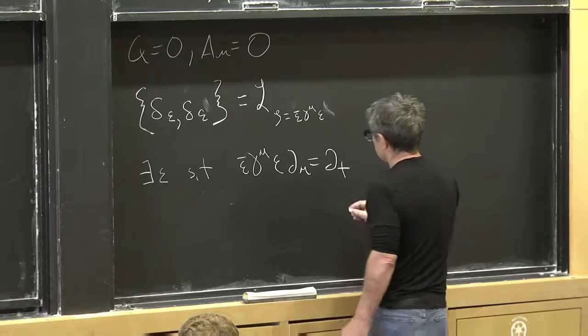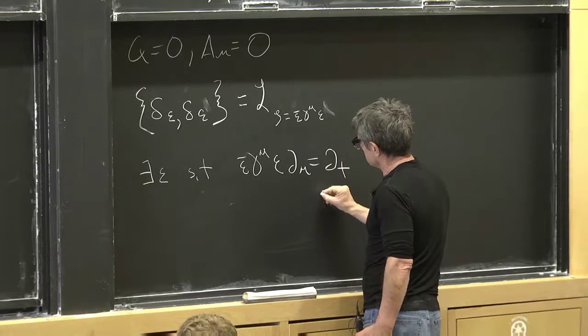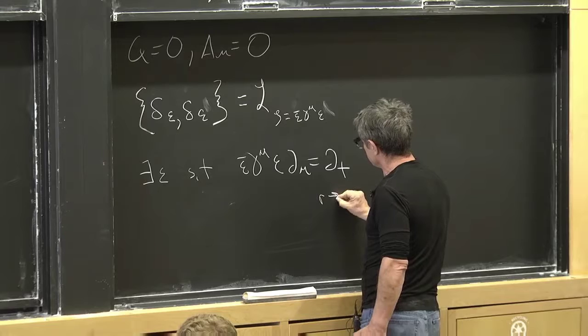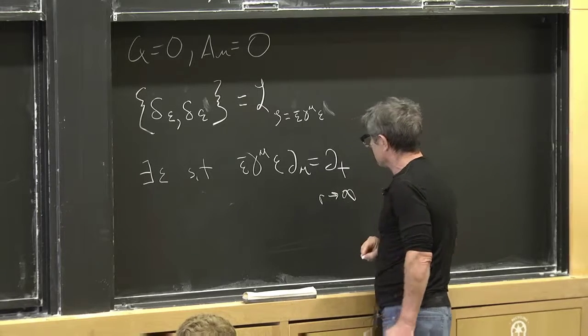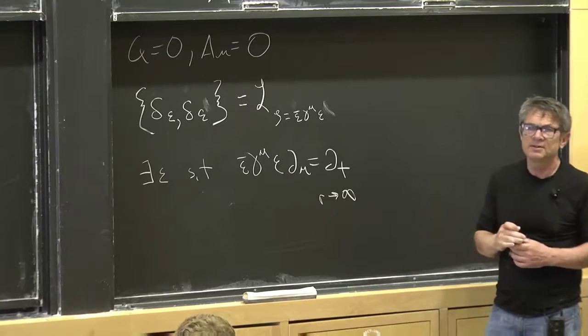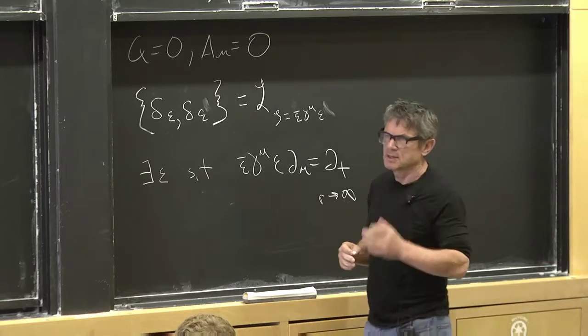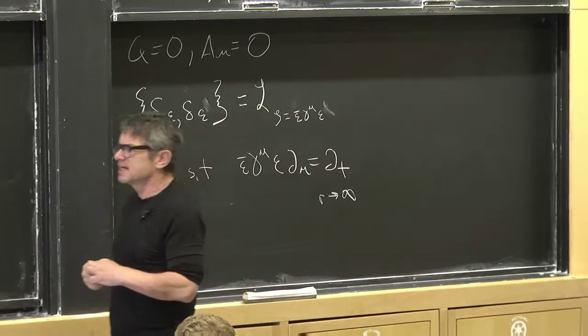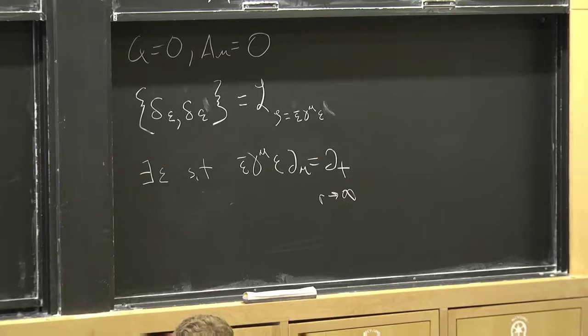At least, we could do this globally if we have a definition of t, but what we really care about is what happens for r going to infinity. So in other words, I can find a supersymmetry transformation which is the square root of a time translation.